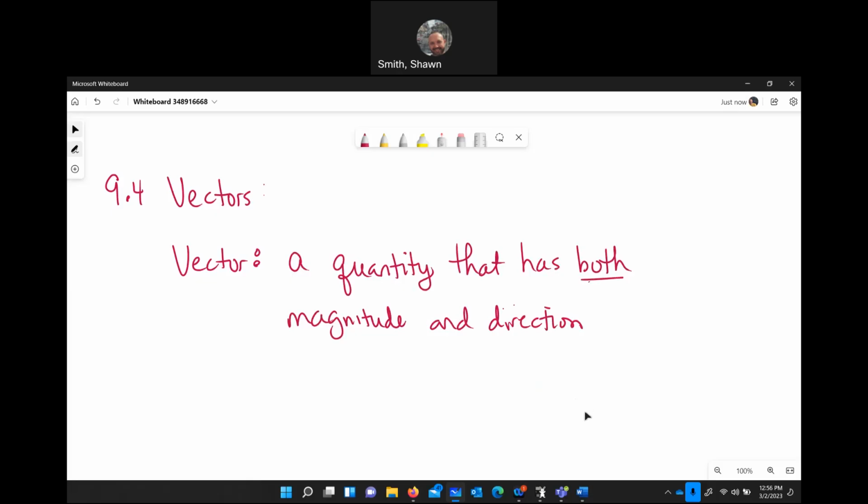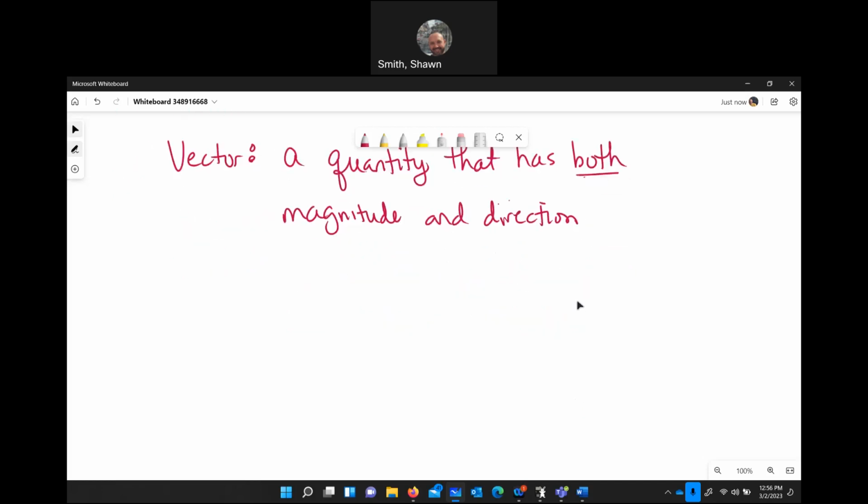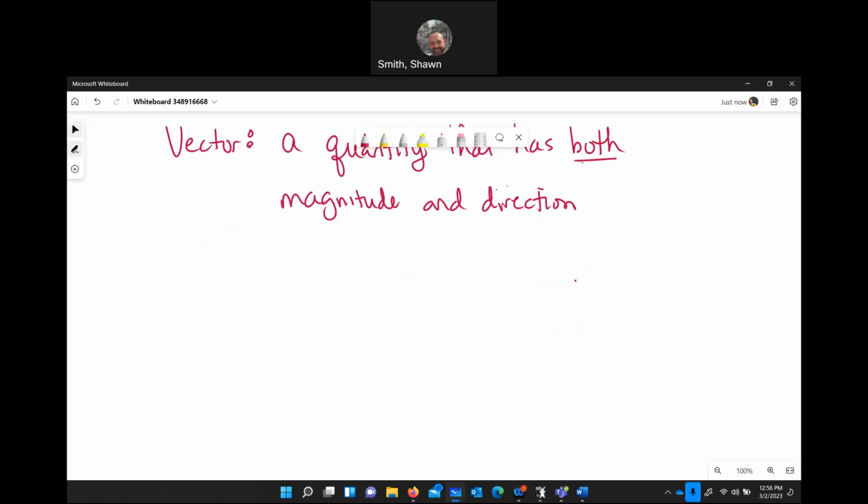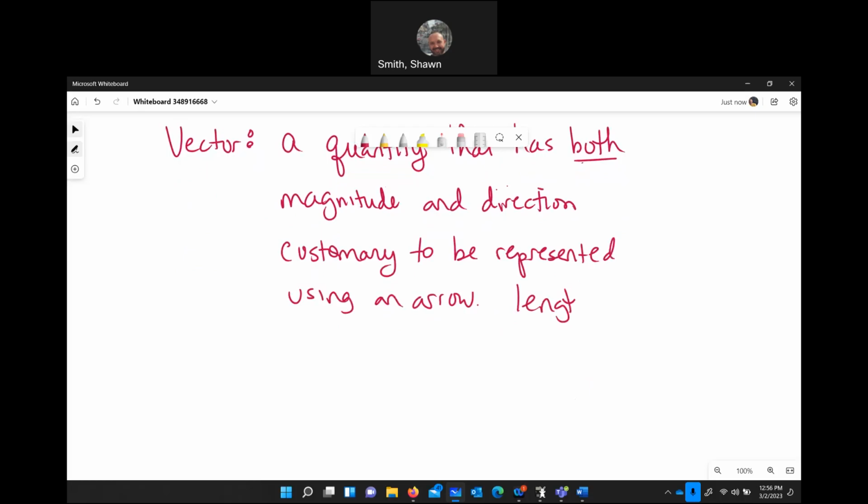And the length represents the magnitude and the arrowhead indicates the direction. So the length of the arrow equals magnitude. The arrowhead indicates direction.